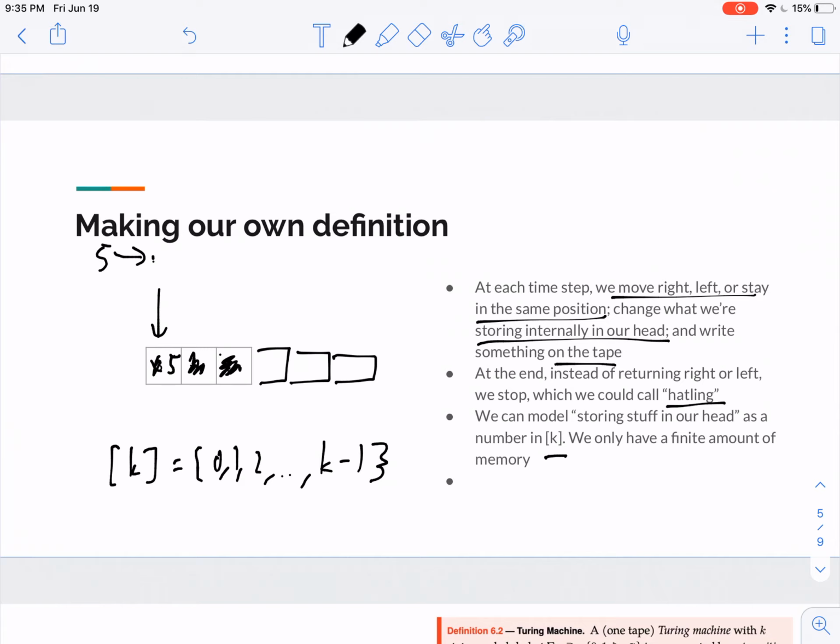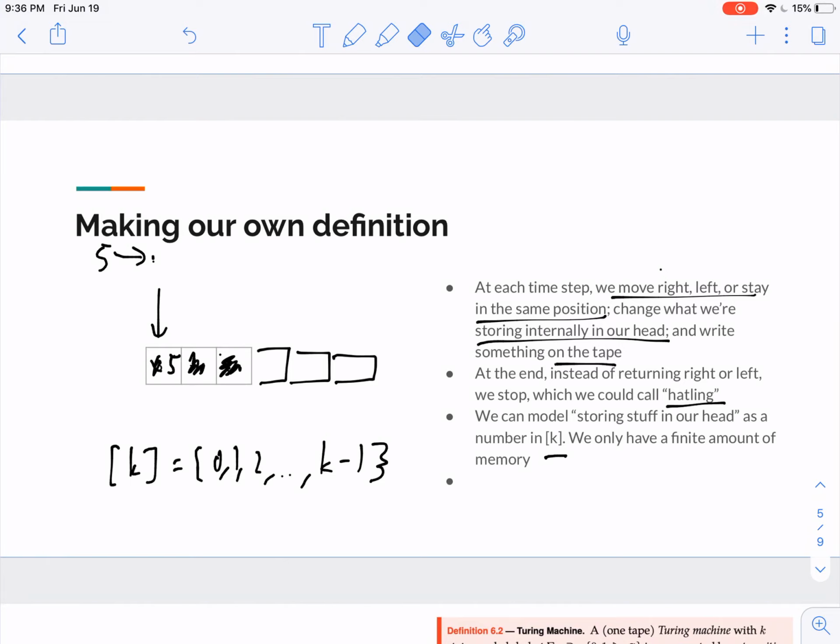And we can model the memory in our head, what we're thinking about in our head, or the state, as some finite number, because we only have so much memory. You can only remember so many things in your head. So it seems appropriate to limit it, as opposed to saying it can be any natural number, because a human computer can only store so much information in their head. So it's fair to have the state capped out at some point.